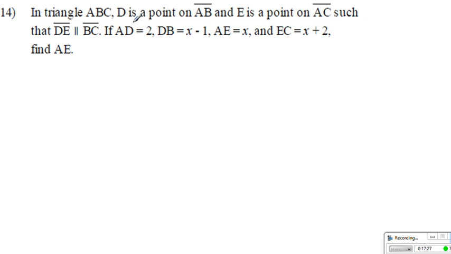In triangle ABC, D is the point on AB, and E is the point on AC, such that we are looking at a similar triangle.